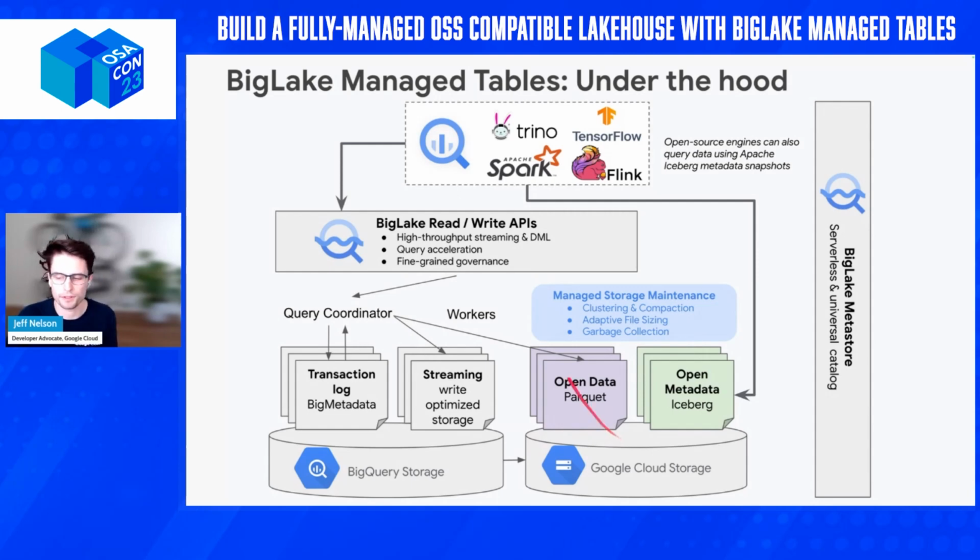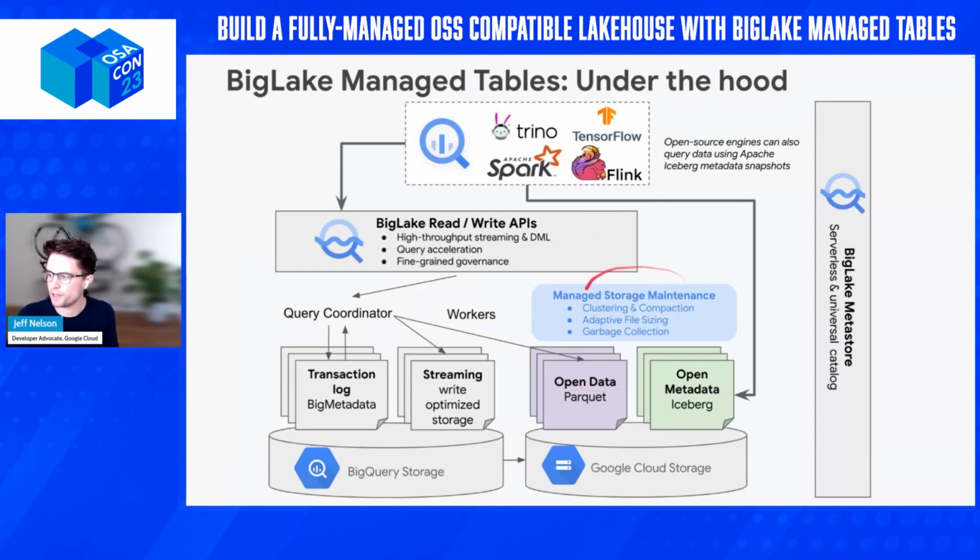A benefit of using the BigLake APIs or this approach is there's strong consistency and fine-grained access controls that are enforced at runtime. Additionally, a user could access the data using Iceberg snapshots themselves, which is here on the right side. These snapshots tell the open source engine which Parquet files make up a table at any given point in time and allow the query engine to access the correct objects.